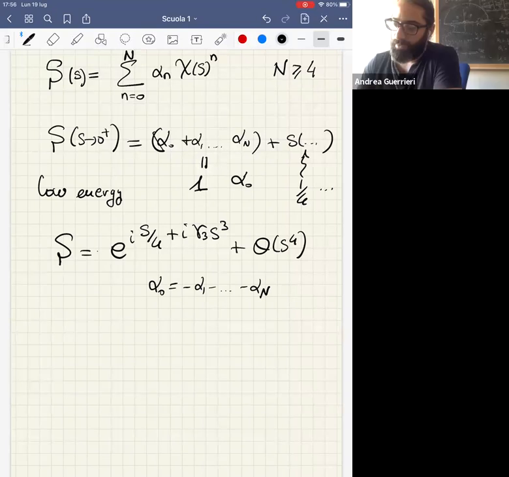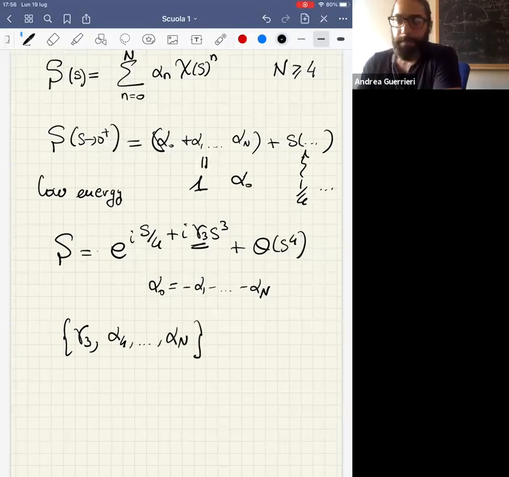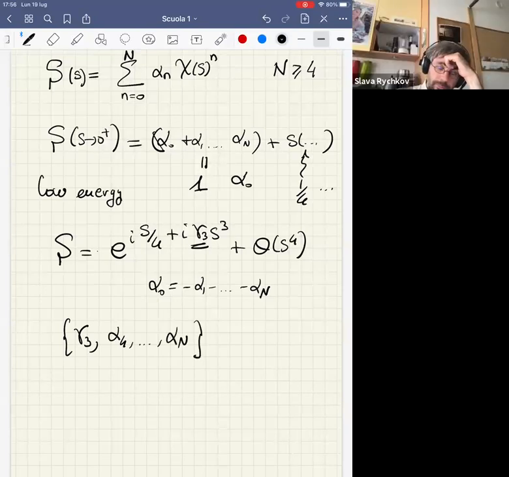You eliminate a few coefficients, and you are left basically with alpha 3, let's say, and alpha 4 to alpha n. Okay. Yeah, so far so good.